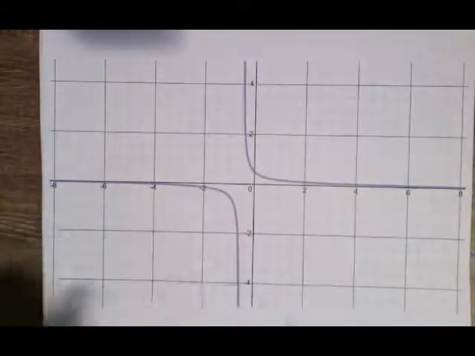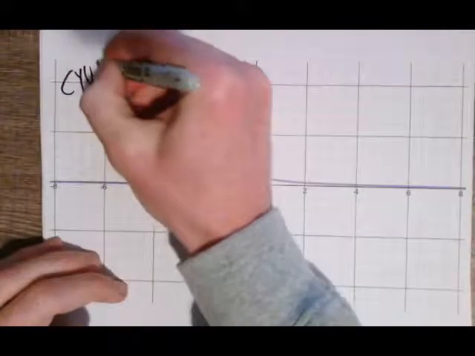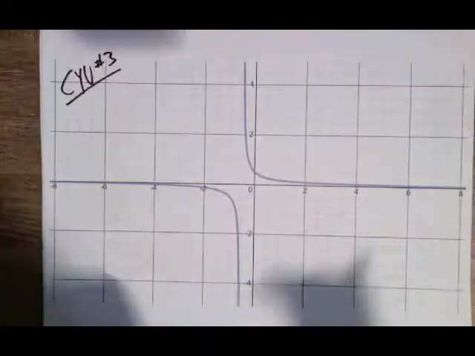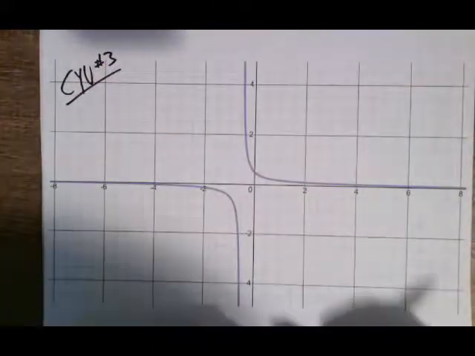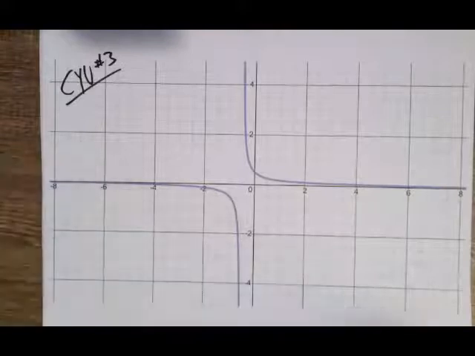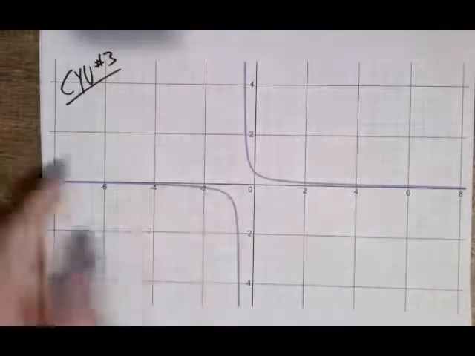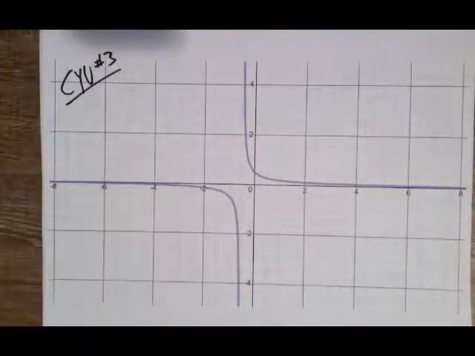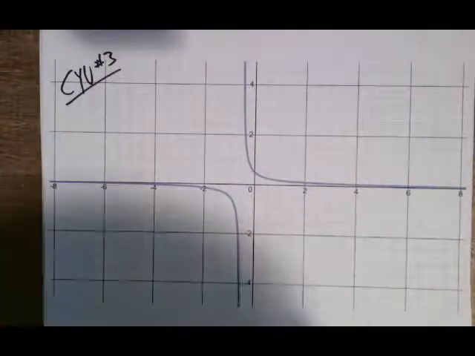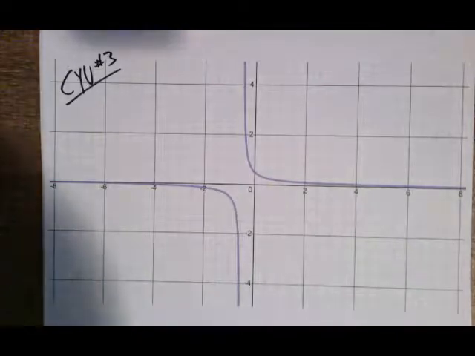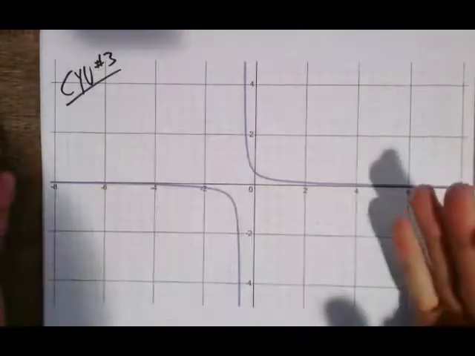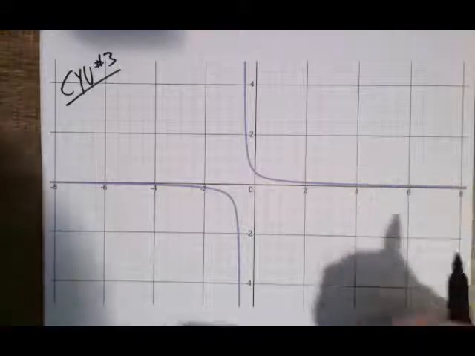This is CYU number 3, and it says use the graph of y equals 1 over f of x, so this purple is y equals 1 over f of x, to graph the linear function y equals f of x. And so it's like, how do I even begin?